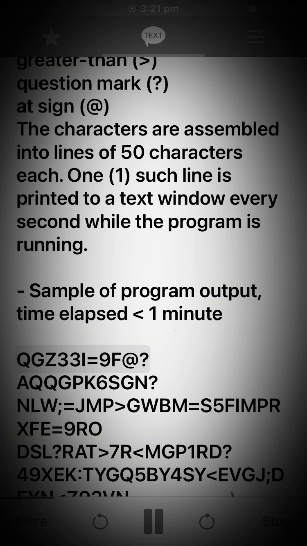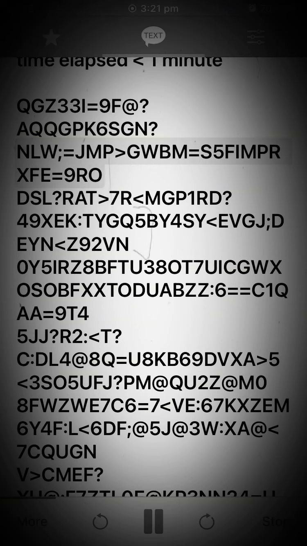QGZ33I equals 9F at. ACBC 6SGN. NLW equals JMP. GWBM equals S5 FIMBRX equals 9 row. DSL. RAT. 7R. MGP first. 49 ZEC. TIG 5x4 Psi. EVG. DANE. Z92VN. 0Y5IRZ8B238-7 Ukdwxa Sobfxxtoduab 6 equals C1 QAA equals 94. 5JJ. R2.